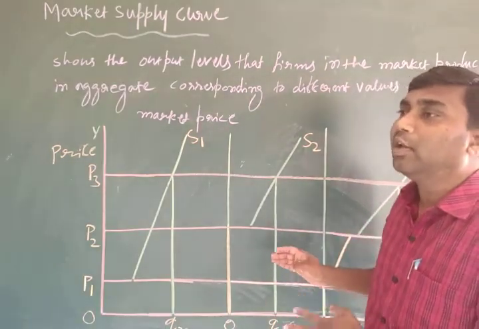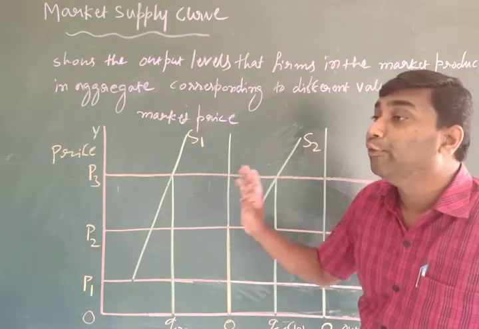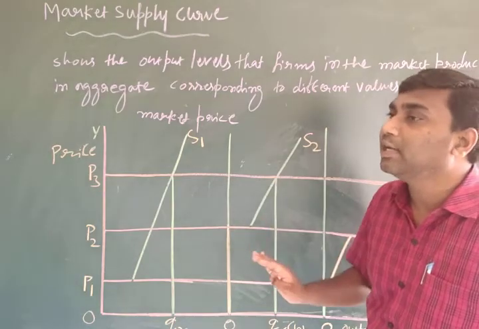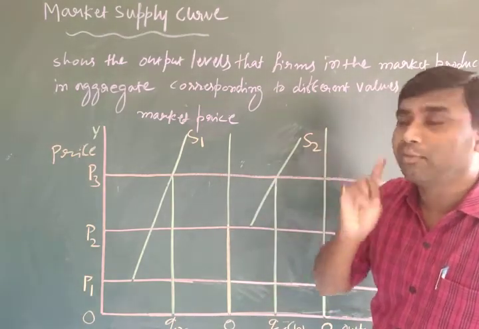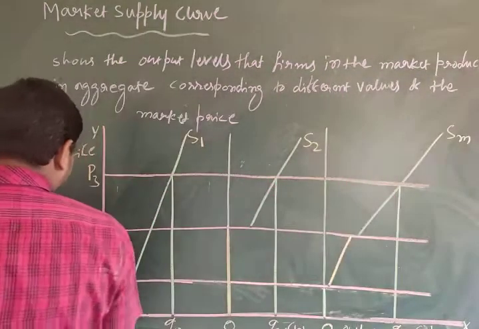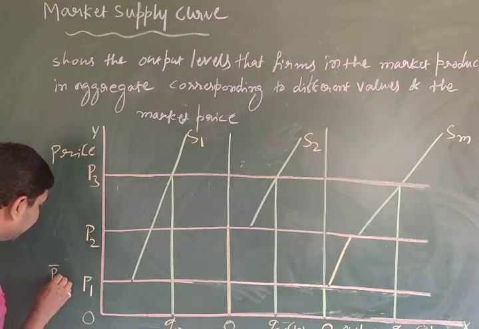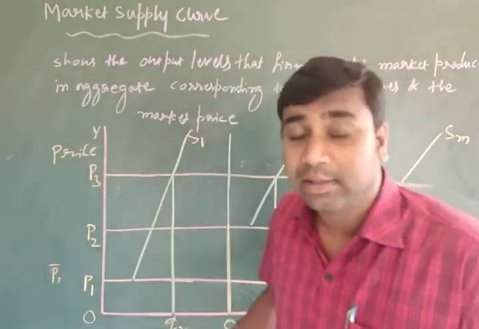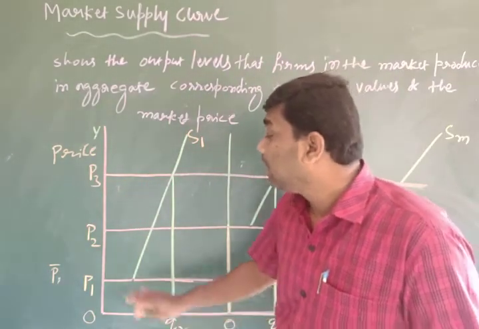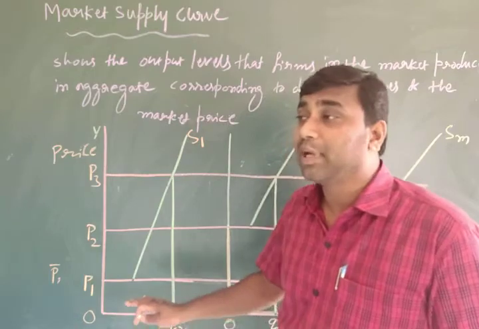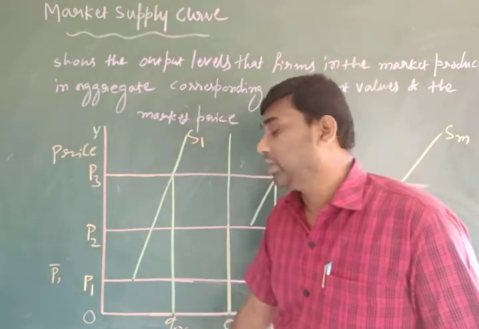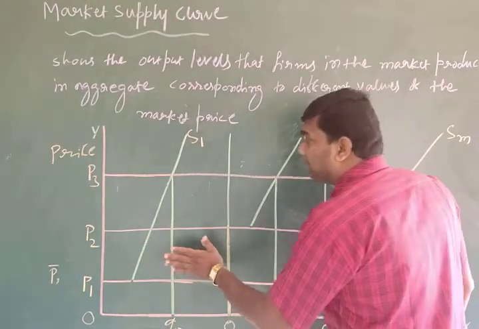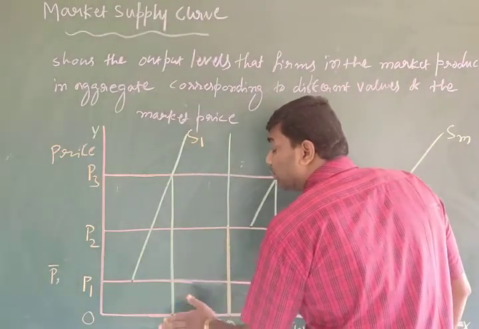Firm 1 will not produce anything if the market price is less than P bar 1. We can write P bar 1 as P1 only. If the price is less than P1, you have to understand that the firm will not produce anything.